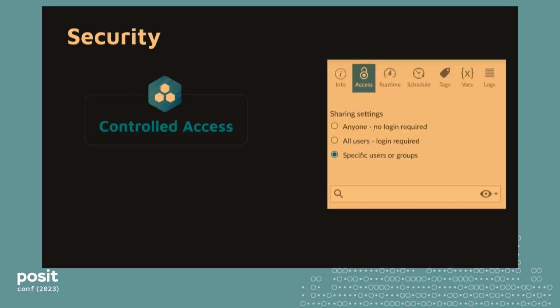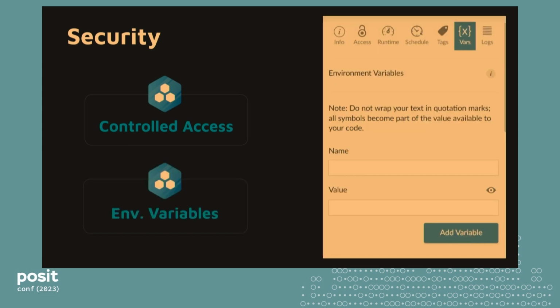So we deployed this pipeline as a Quarto document in Posit Connect. And Posit Connect really served us well in terms of security, because I can control who can see this process, and I can specify the users there. Also, I can securely store my environmental variables.